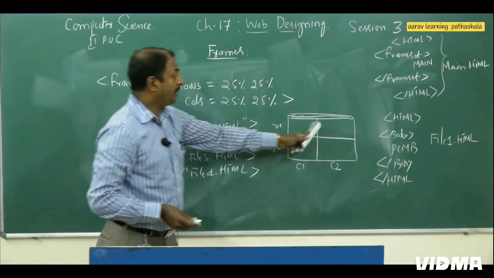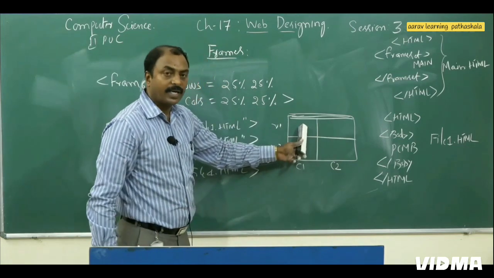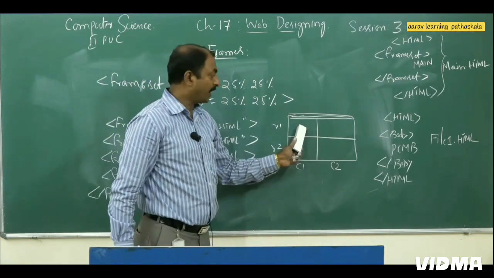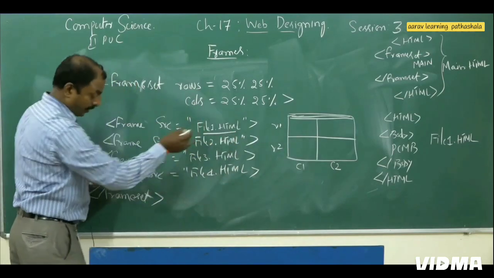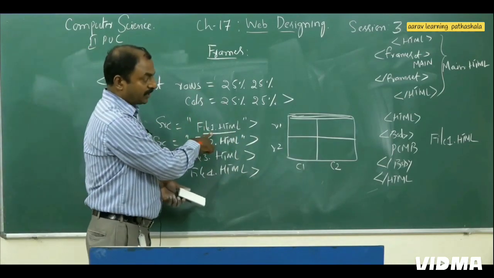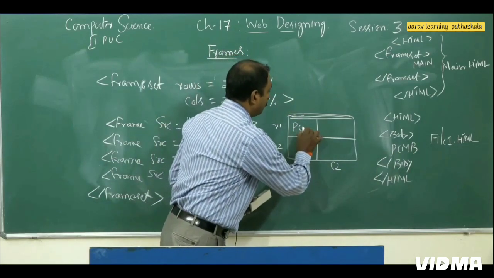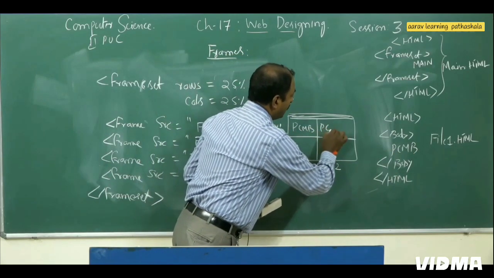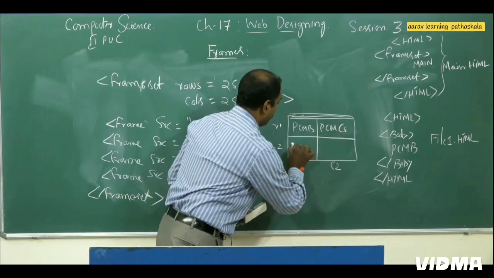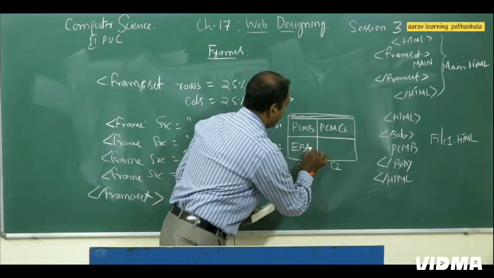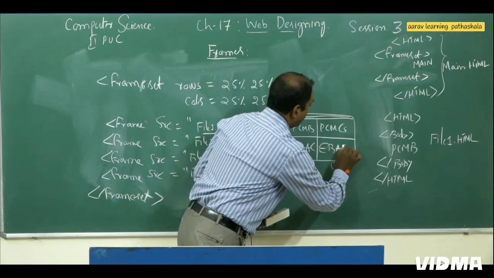So in each individual section or frame, we can load an individual program or application. In this example, suppose this is file1.html. The content of this, for example, is PCMB. It comes like this: PCMB, then PCMC, EBAC, EBAS.